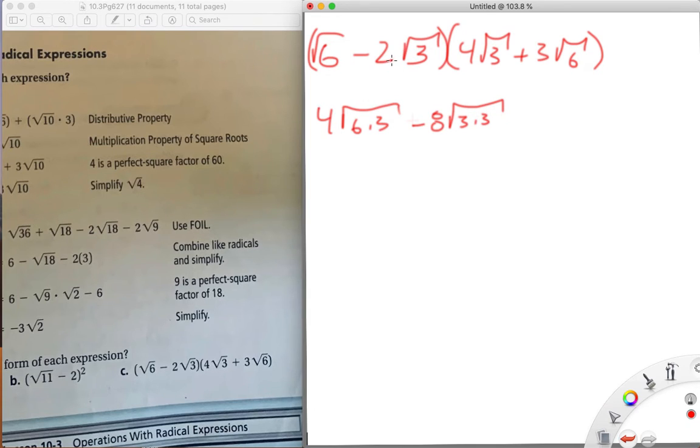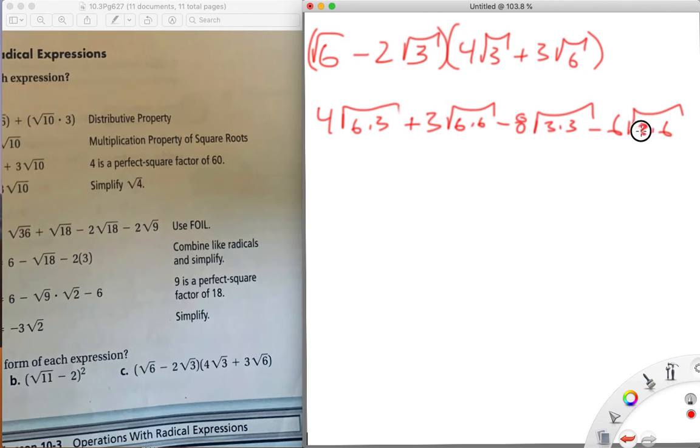Then I got negative 2, whoopsie, that's my second term. So this is going to be plus 6 times this guy. So 3 square root of 6 times 6, then negative 8 times 3 times 3, and then minus negative 6 times 3 times 6.